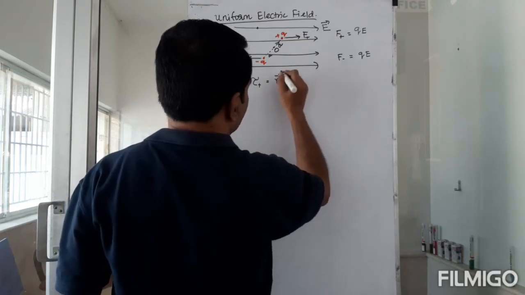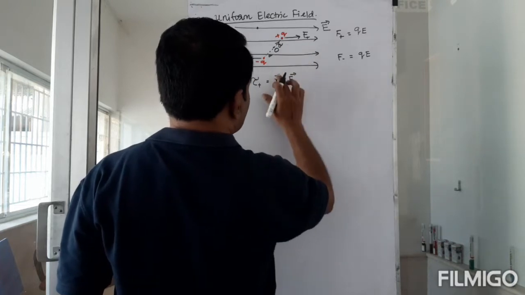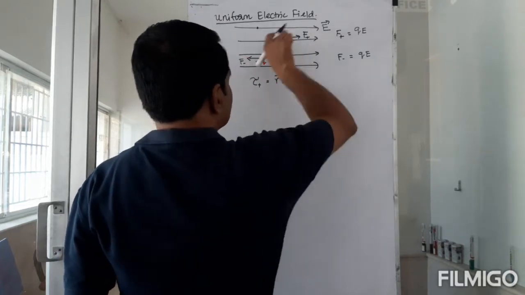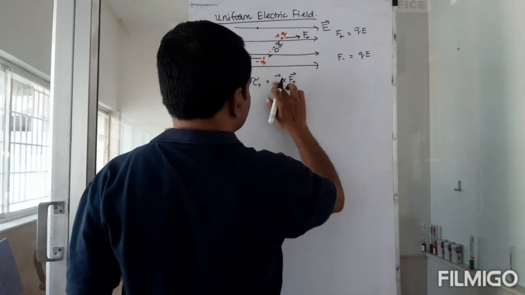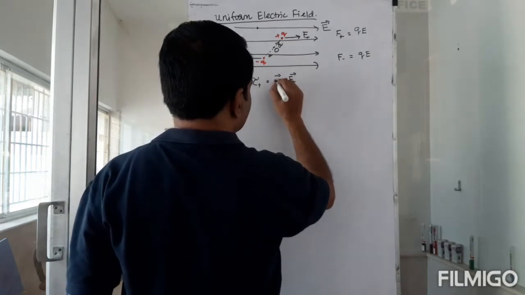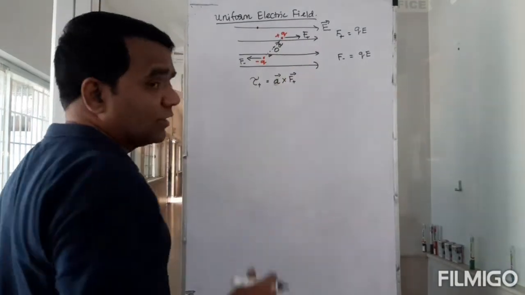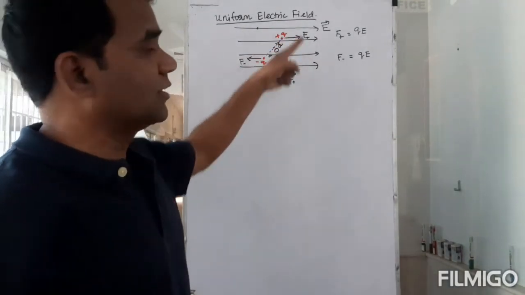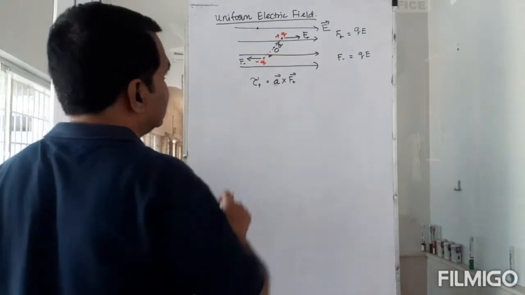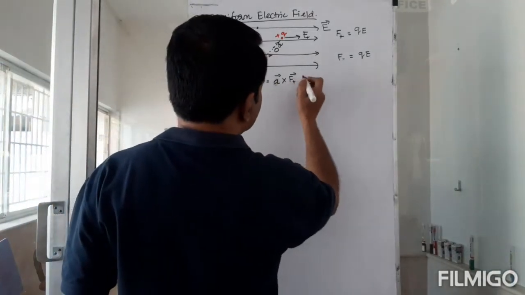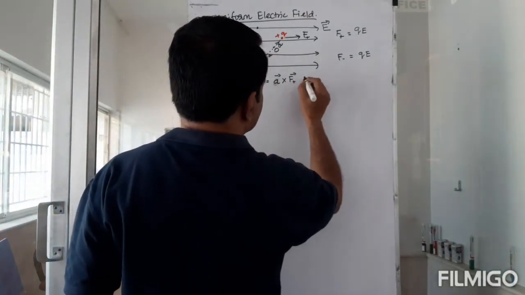Okay, but what is that R? That R is actually A vector in that direction. I'll put it as A, right? So A cross F, R cross F. So that gives me what?